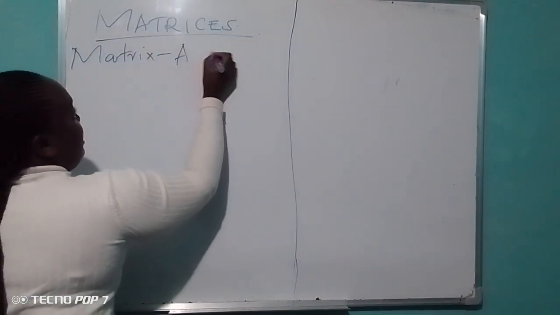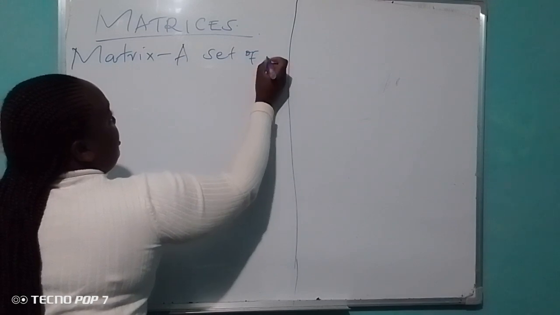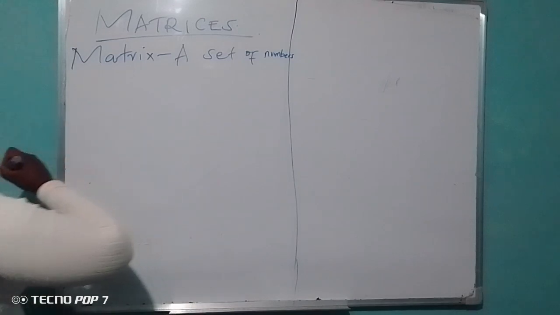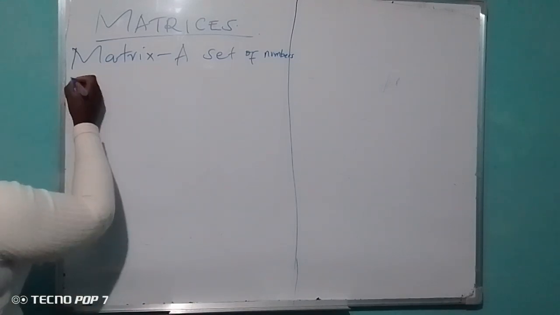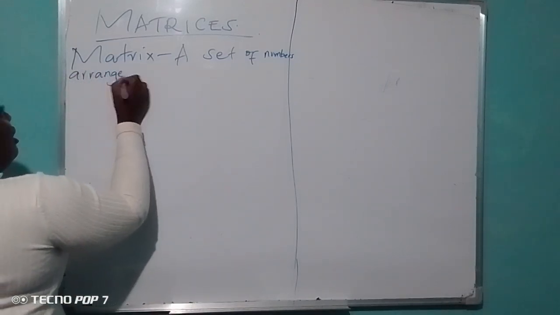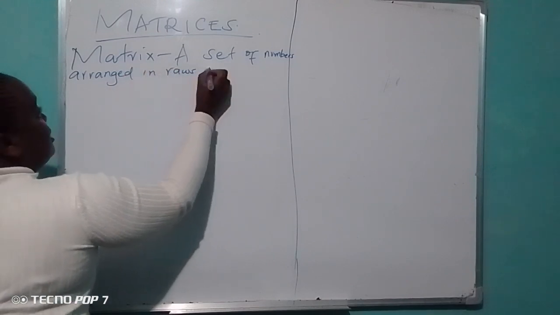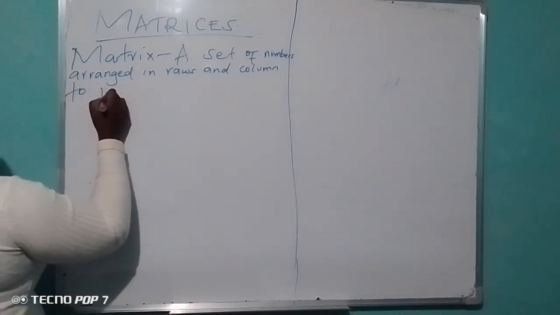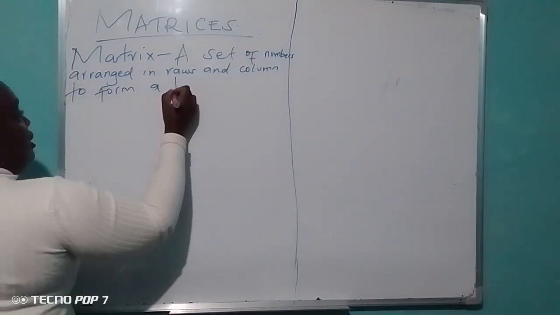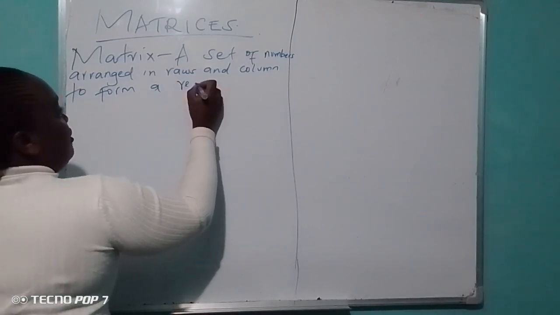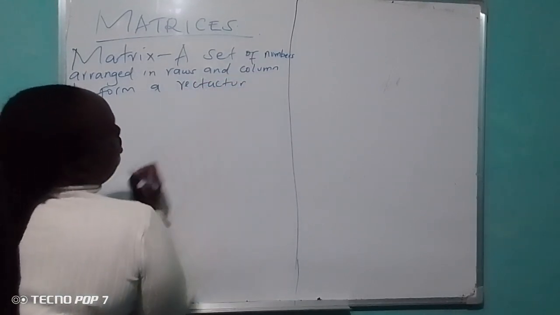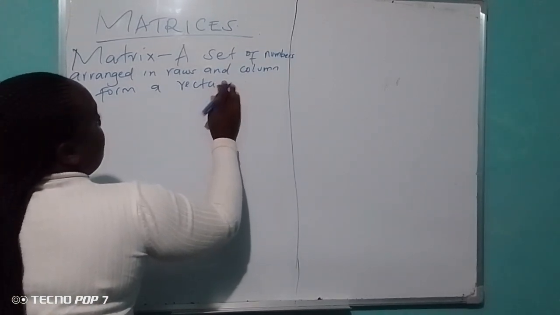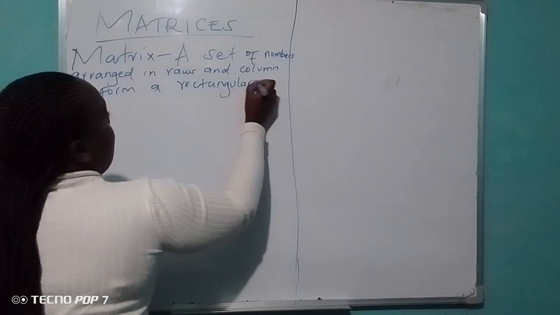A matrix is a set of numbers arranged in rows and columns to form a rectangular array.